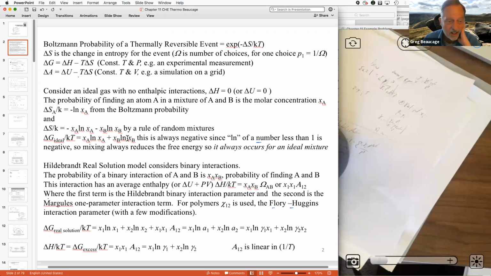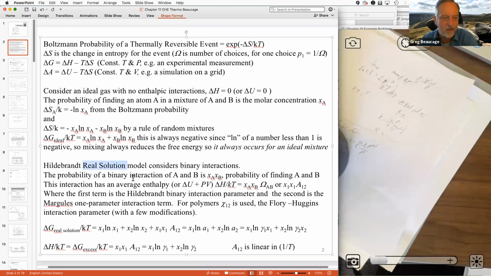And then for a real solution, so this real solution model, right? Should be probably bold, but you just add in a term. So you say you have binary interactions.